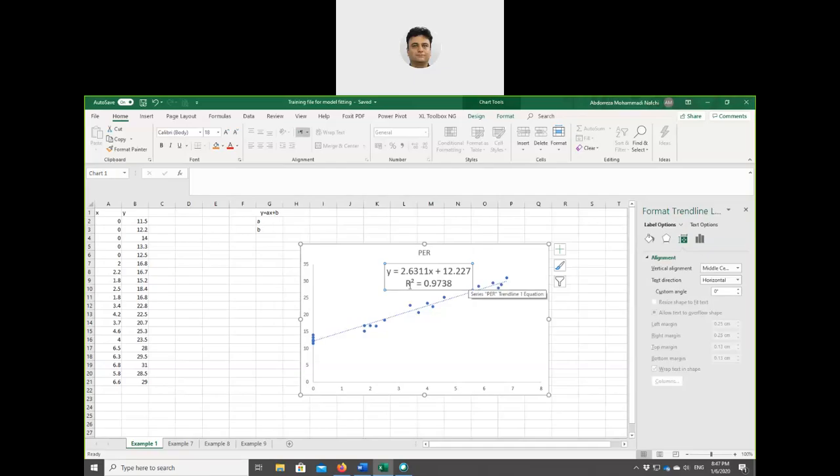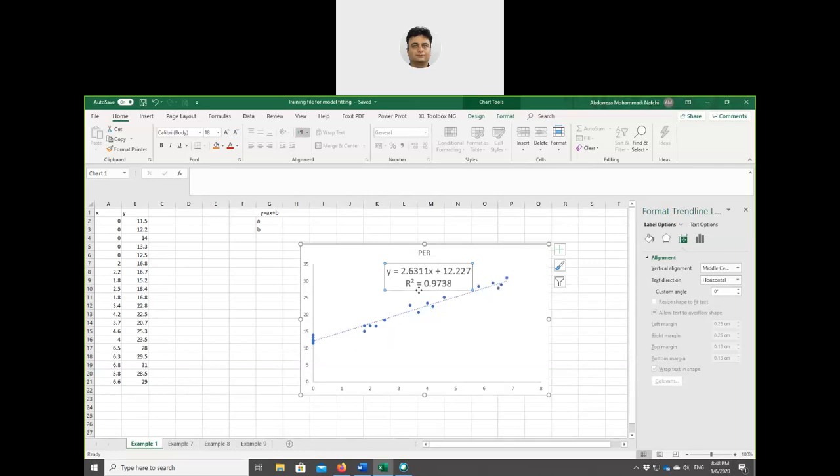Make sure that R square is close to 1. If it is lower than 0.90, sometimes I refer to 0.95 but mostly 0.90, it means that the regression is not valid.